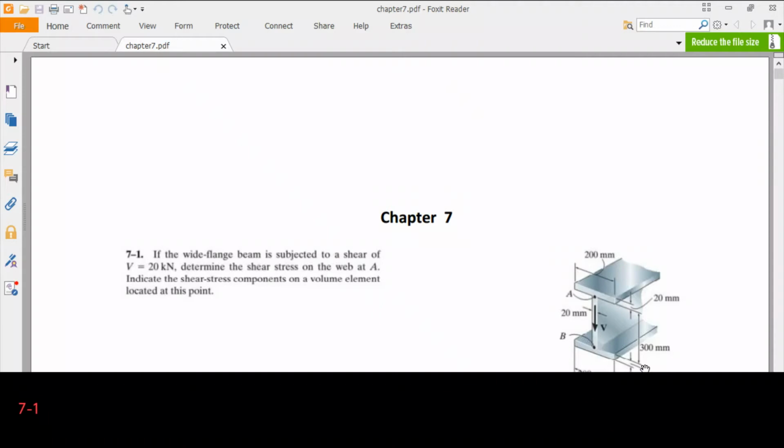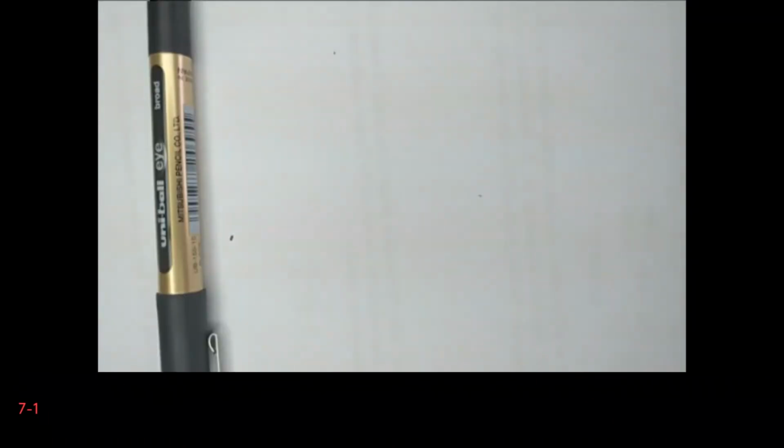So we are asked for the shear stress at point A. Okay, now first let's draw the cross section and let us define the variables.